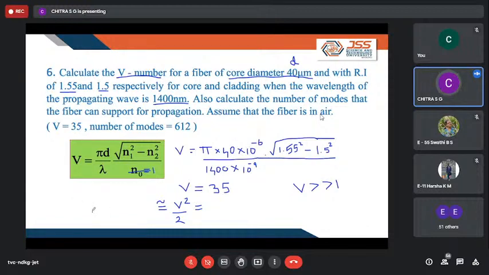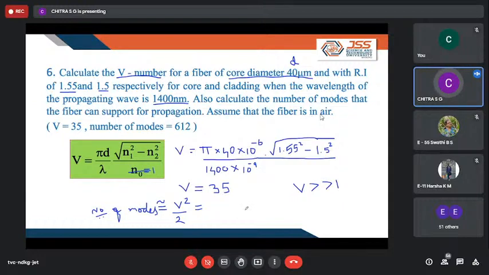So this is the number of modes supported for propagation. Number of modes is approximately equal to V square by 2.